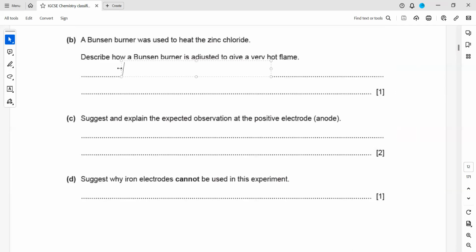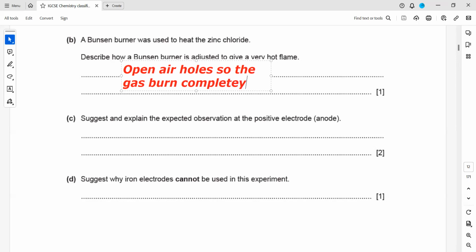So what we should do for a Bunsen burner is open the air holes, so the fuel or gas burns completely. So we should open the air hole.